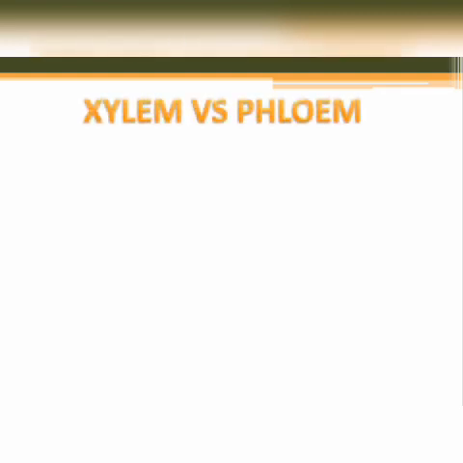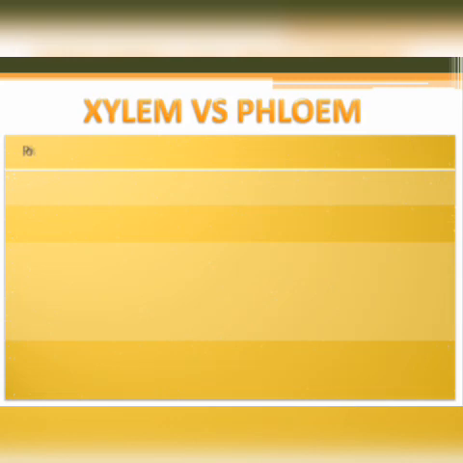Next, we will discuss the differences between xylem and phloem. So let us see the points on which we are going to differentiate xylem and phloem. The first, direction. Xylem are always unidirectional.